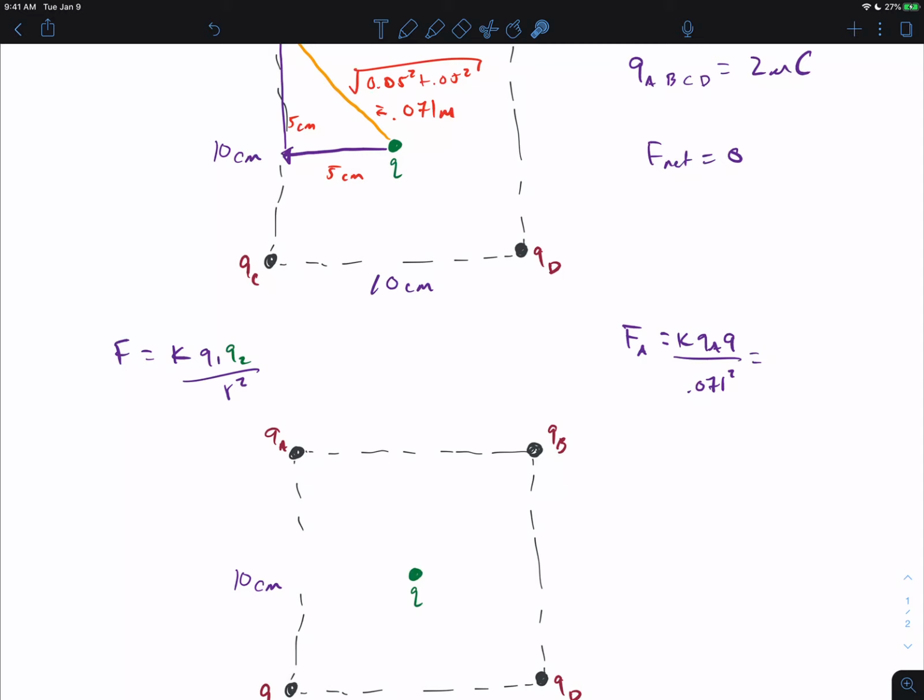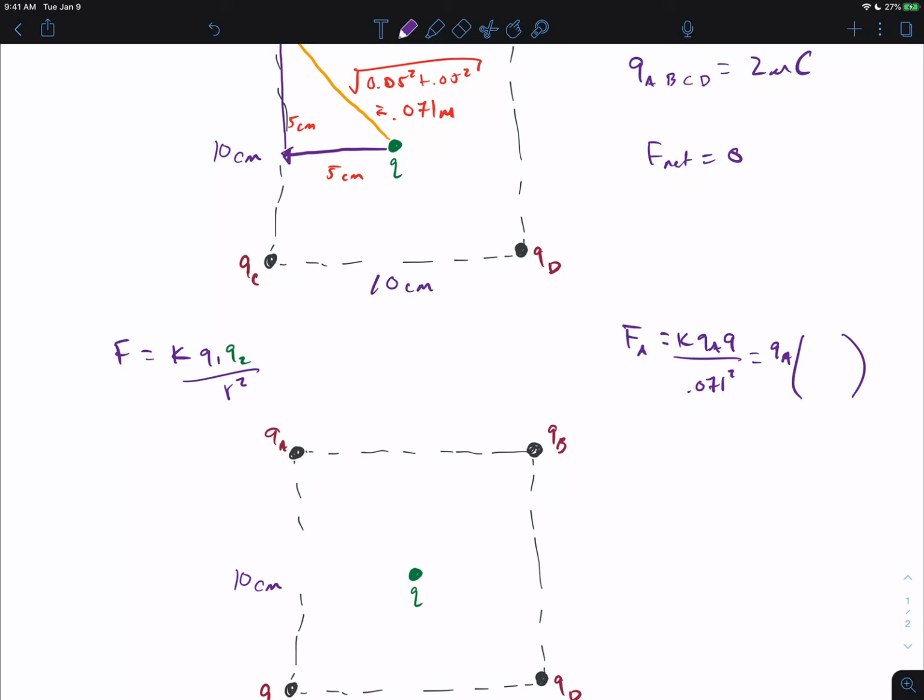So I'm going to put this as QA, leave that capital, times my K, which is 9 times 10 to the 9, times my 2 microcoulombs, which is 2 times 10 to the negative 6.